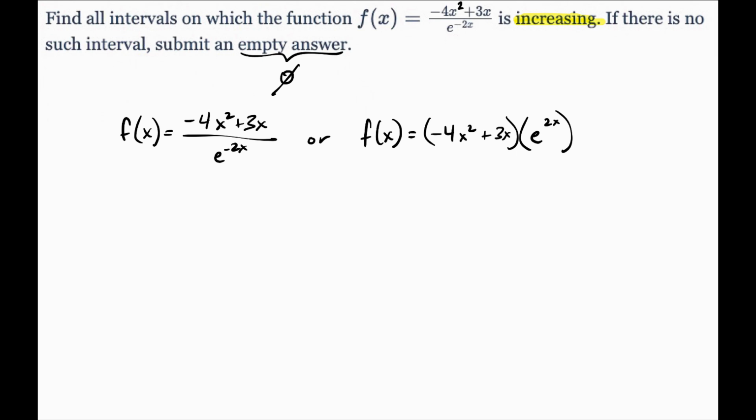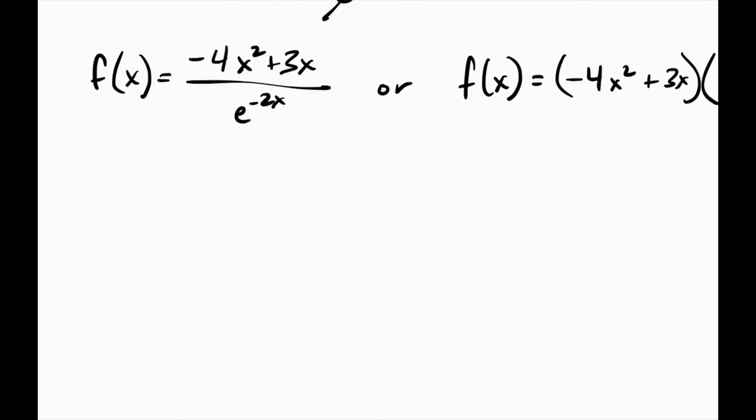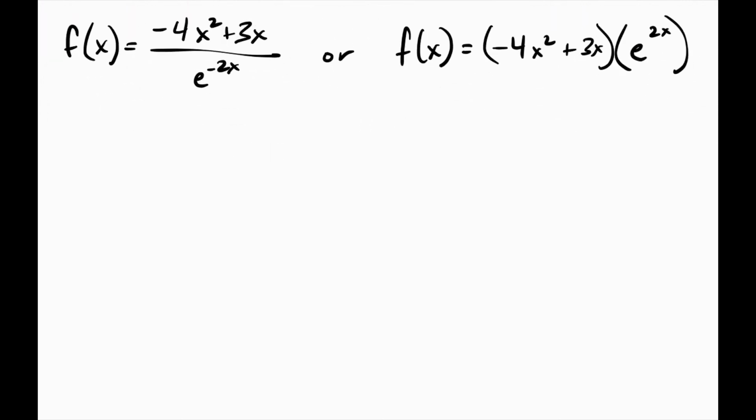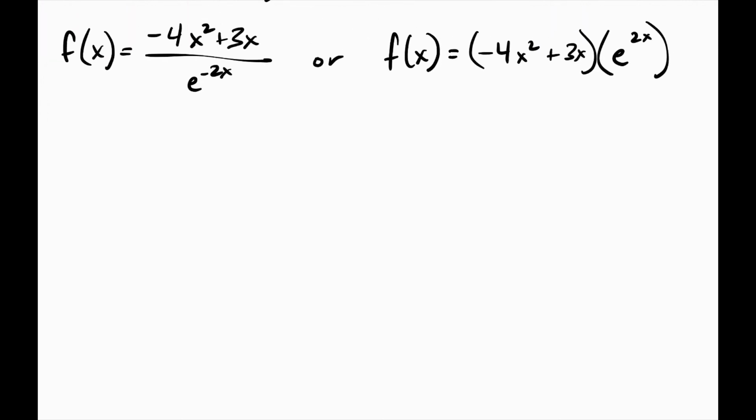If I move it to the top, you could do it that way, and then use the product rule, right? Doesn't matter which way you do it. You're going to get the same answer both ways, okay? Whichever way you do it is fine. All right. So let me try the quotient rule, since I think most of you guys probably use quotient rule.